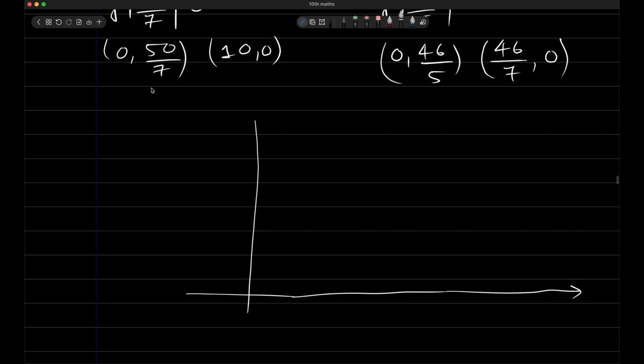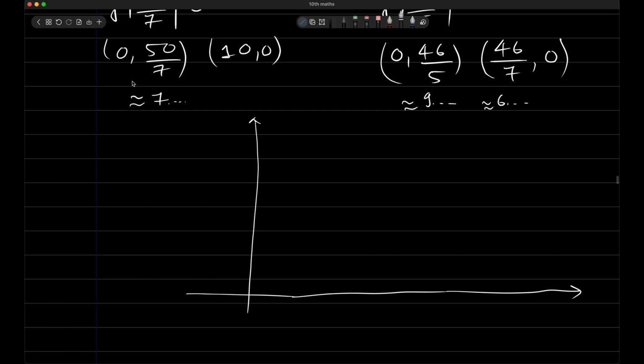50 divided by 7 is nearly 7 point something, and 46 divided by 5 is 9 point something, and 46 divided by 7 is 6 point something.